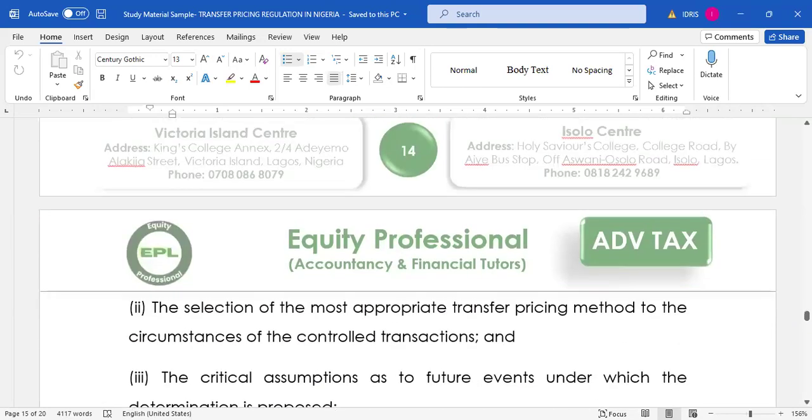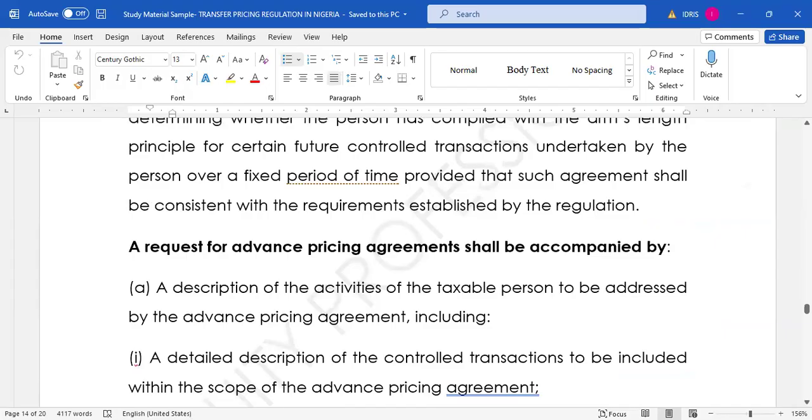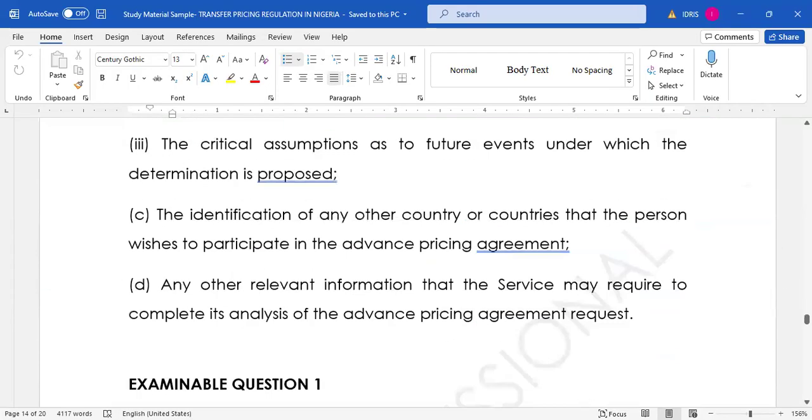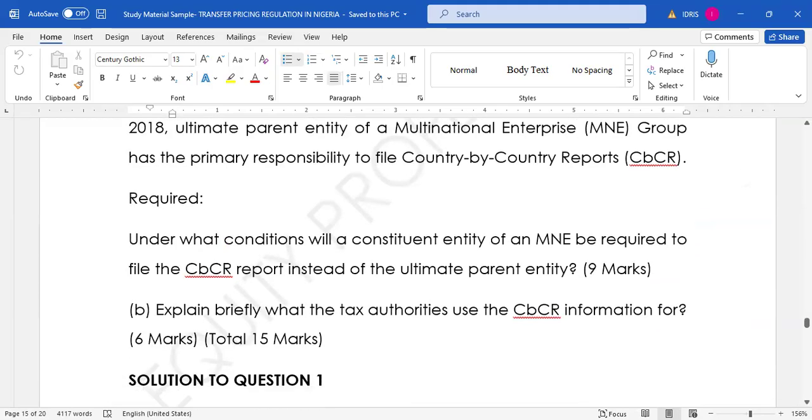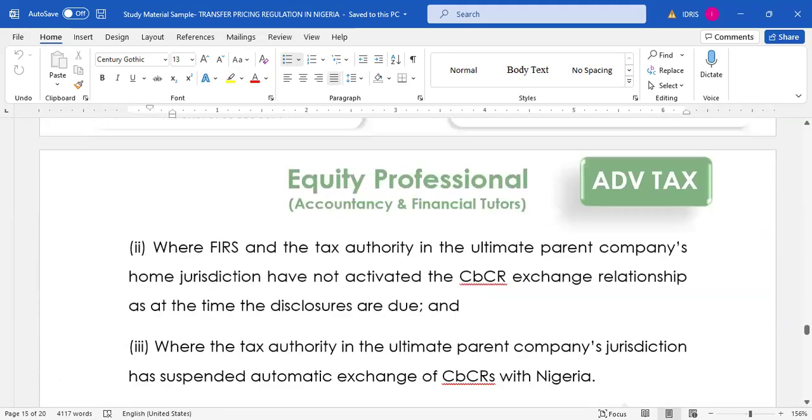In this transfer pricing topic, you can read more, and I gave some examinable questions.